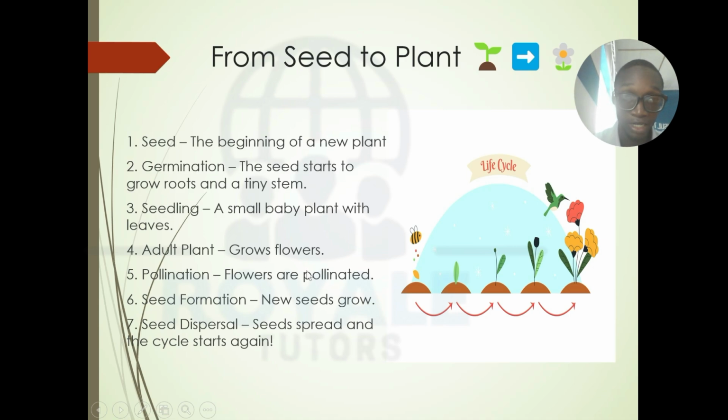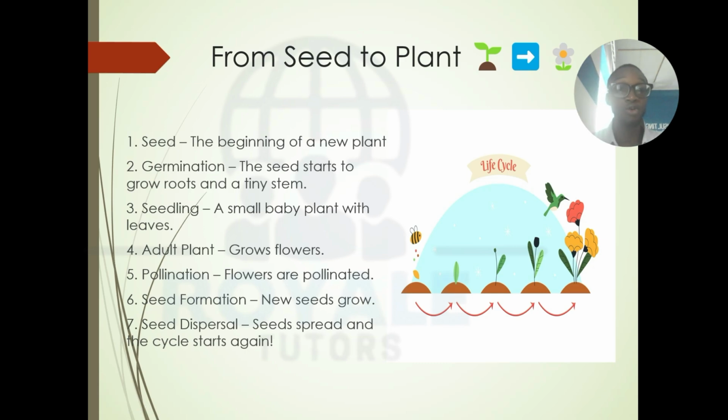Remember pollination. So maybe the bees come around, they take some of the pollens from one of the flowers, they take it to the other flowers, maybe from this flower to this flower, or from this flower to this flower. And what happens? You have seeds that are formed. Now, when those seeds are ready, the bird comes around. It picks some, it chews some, it takes some along.